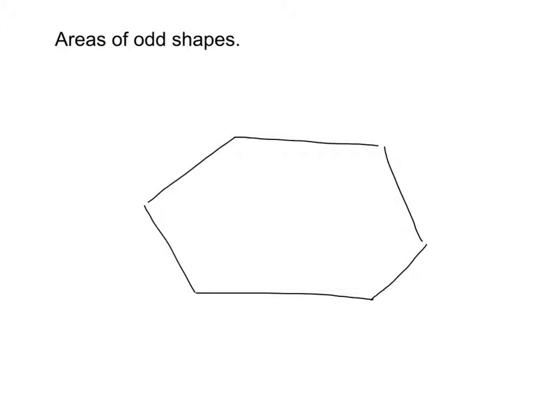I want to give you some tools on how to deal with shapes that aren't triangles or rectangles or trapezoids or things like that. So here's a hexagon. How can you find the area of this? Well, we're going to talk about lots of different ways.